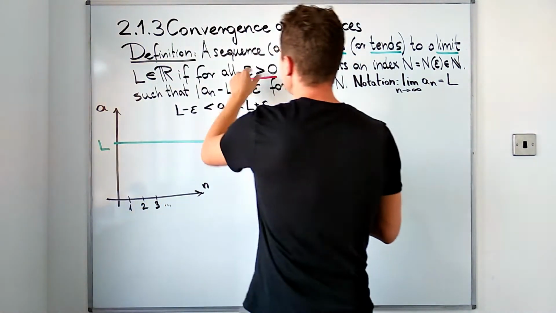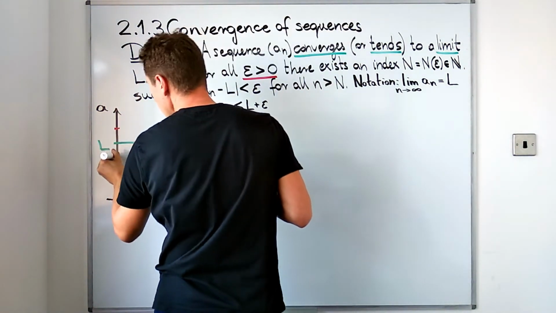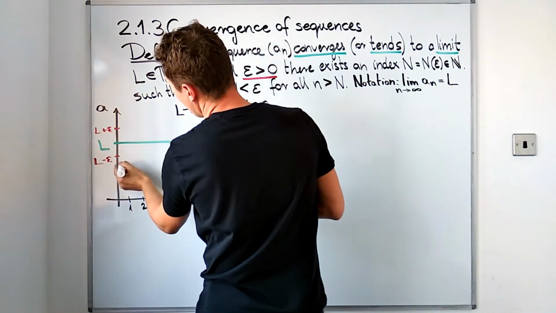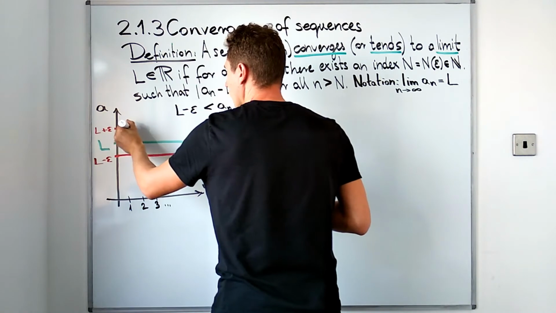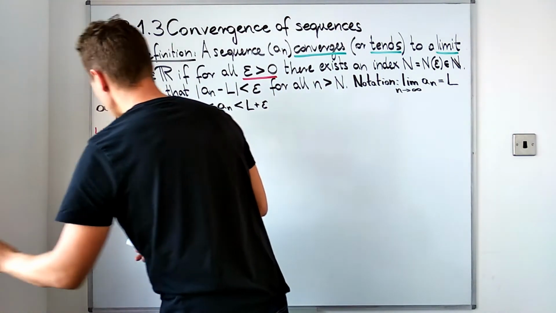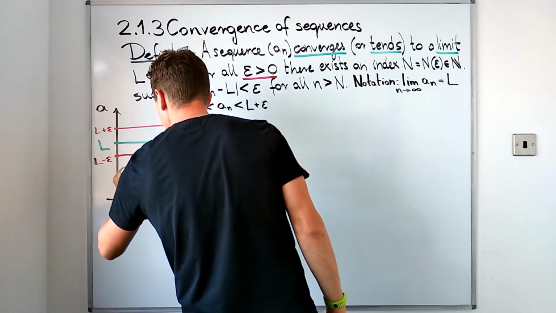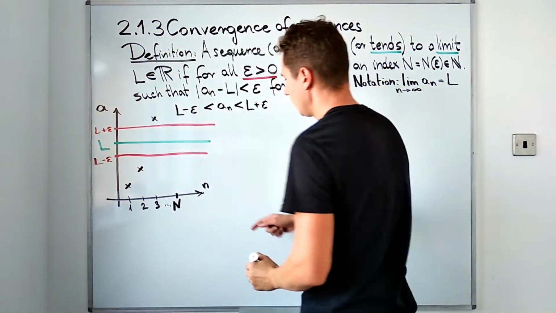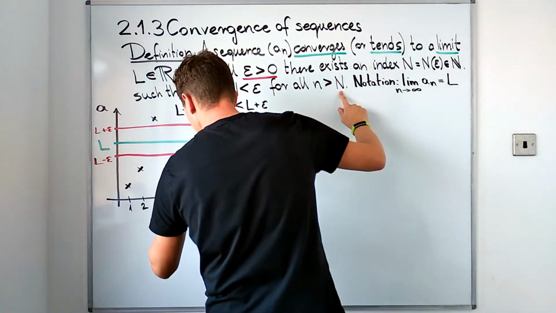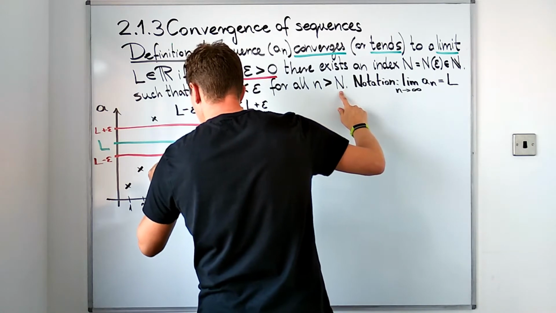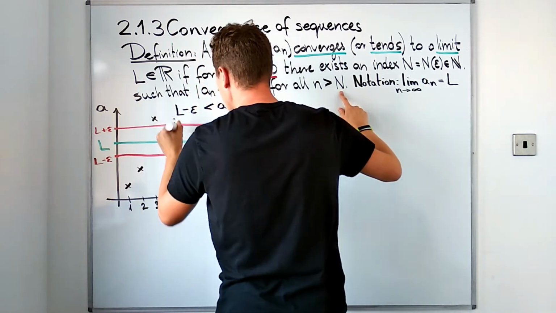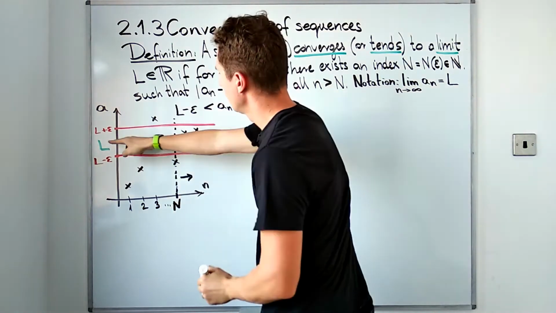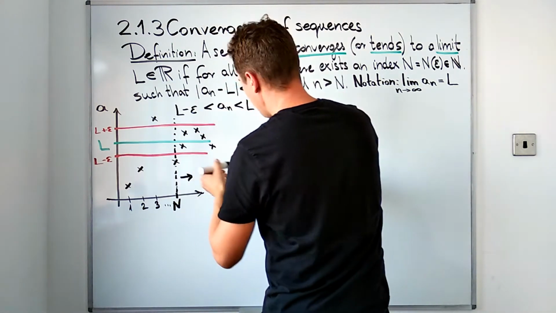So what this means is we fix an arbitrarily small epsilon, which means that we look at these numbers L minus epsilon and L plus epsilon, this neighborhood of L we consider, and what we will find is no matter how small this epsilon we have chosen, the terms in the sequence might jump around and be all over the place, but there will come a point, the capital N index, which we have to find, for which, let's say, the corresponding term is over there, but after which all terms will be in this strip around the limit L, within the strip of L minus epsilon to L plus epsilon.